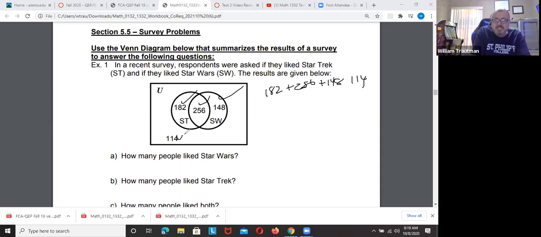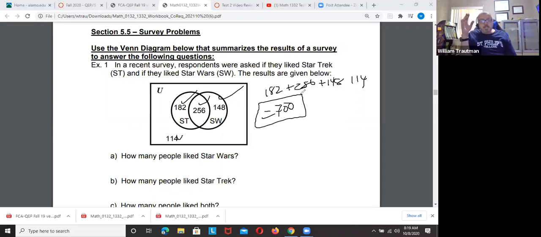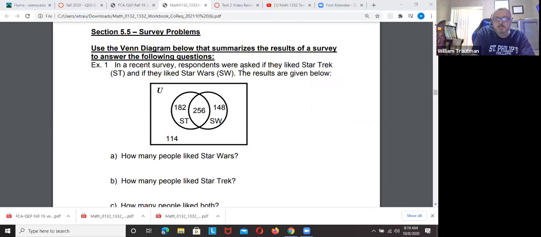All the numbers inside of the universal set will tell you how many people were surveyed altogether. I get 700 people. Okay, so you get a lot of information off of these Venn diagrams. That didn't seem too bad. It takes just a little bit of practice.